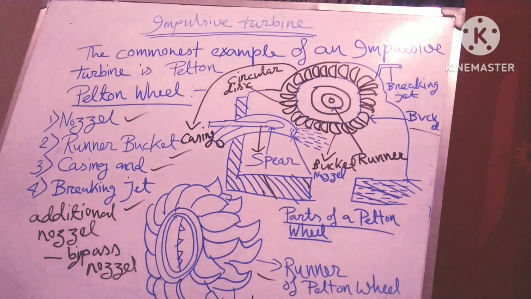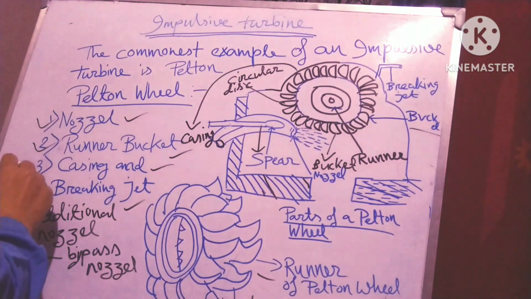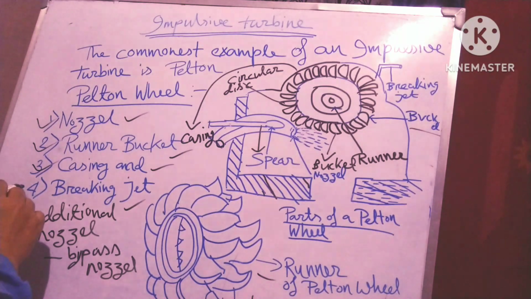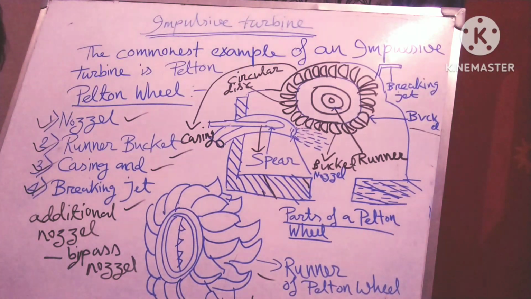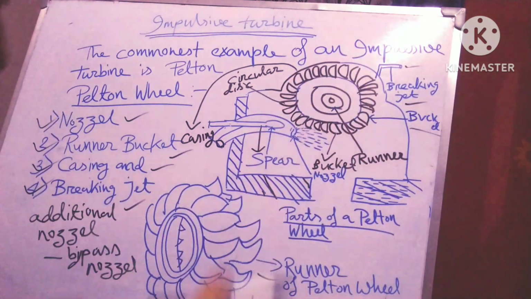Another is the braking jet. We have discussed nozzle, runner and buckets, and casing, and now the braking jet. Whenever the turbine has to be brought to rest, the nozzle is completely closed. This is my braking jet diagram.